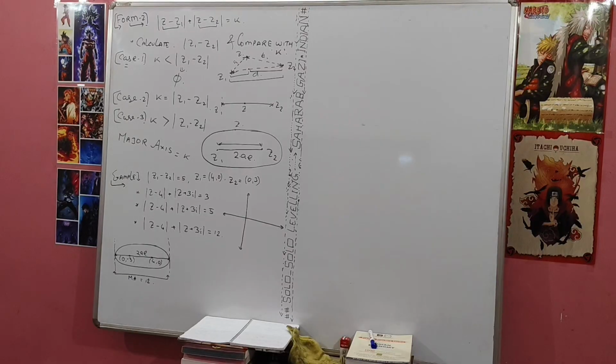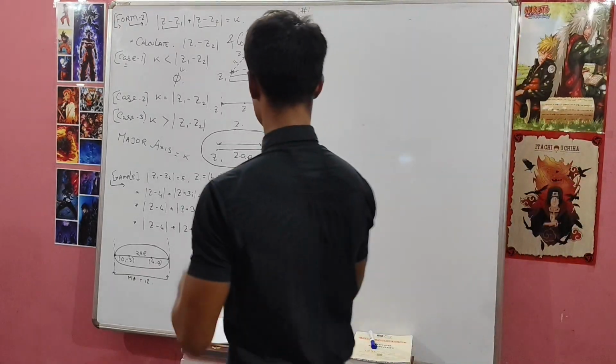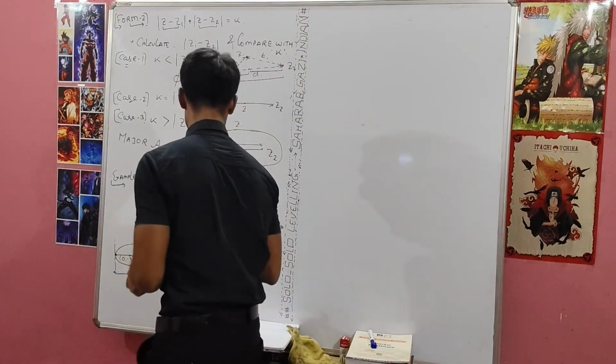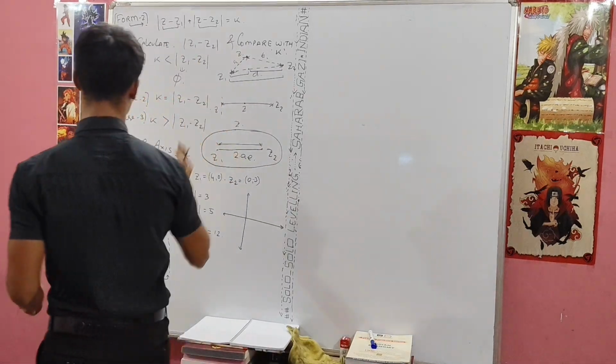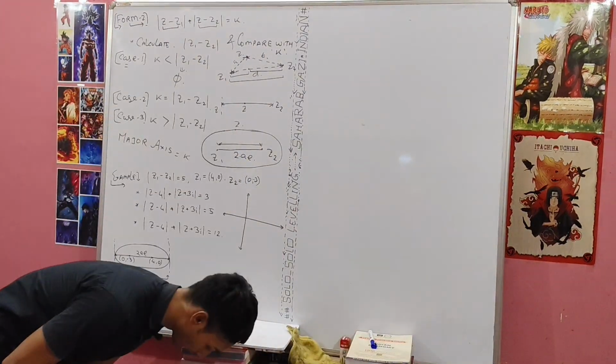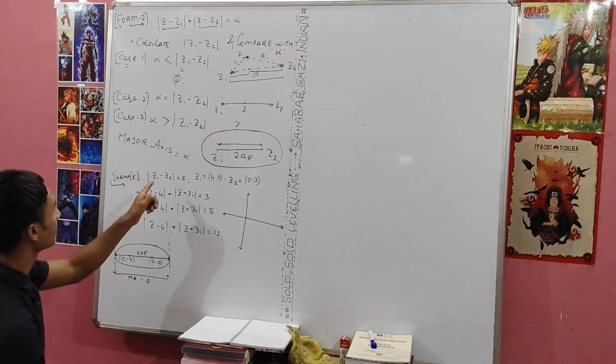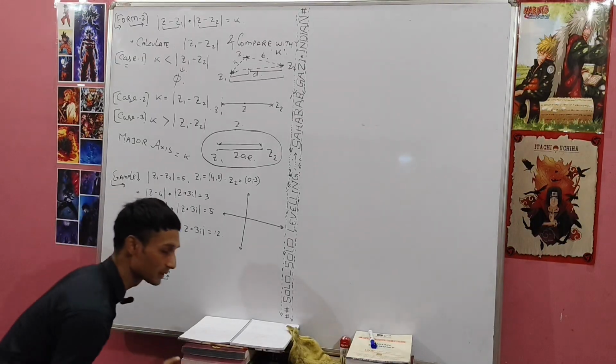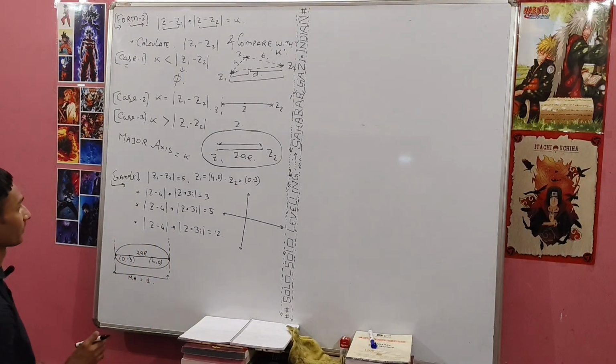Okay, now here the example is, it's given that mod of z1 minus z2 is equal to 5, and z1 is equal to 4, 0, and z2 is equal to 0, minus 3, actually it's 0, minus 3. Then 3 cases we will discuss here. For the first one, it's given that z1 and z2 के बीच में जो distance है, that's 5 units, right?